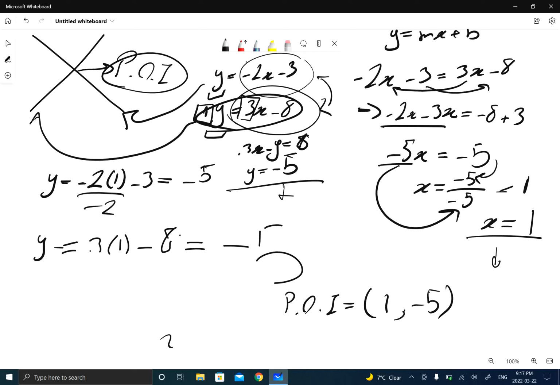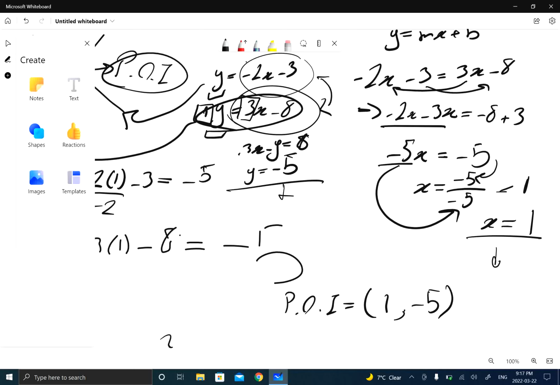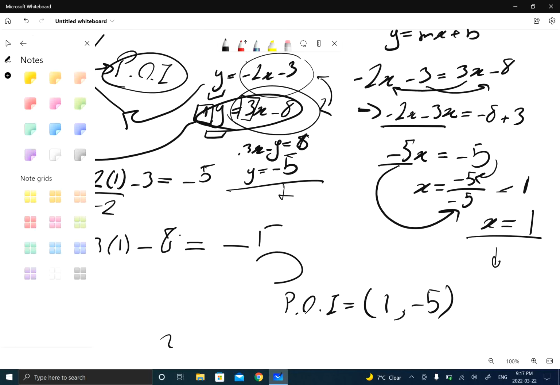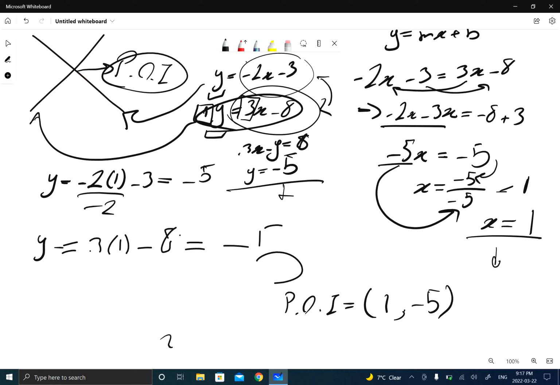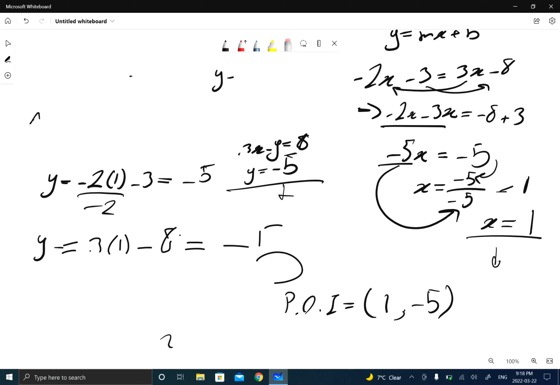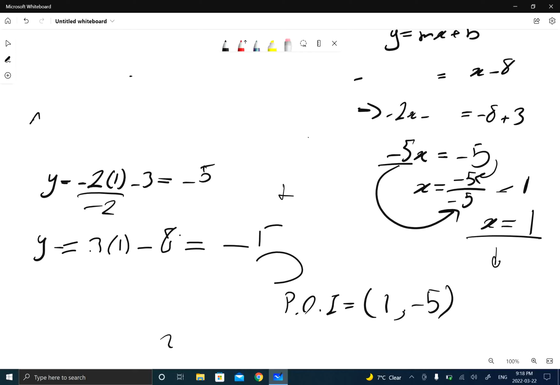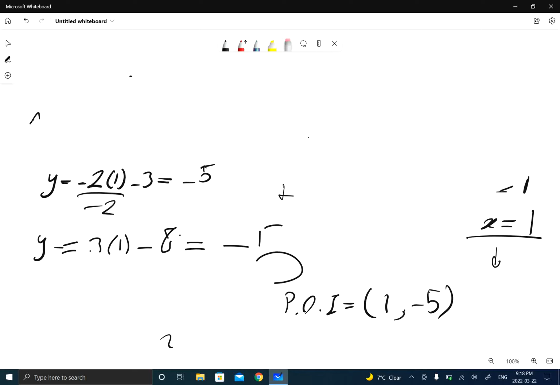So again, I'm going to go with another example. Let me just do it again. It doesn't matter if you have a y; this one is easy because I can just see it.